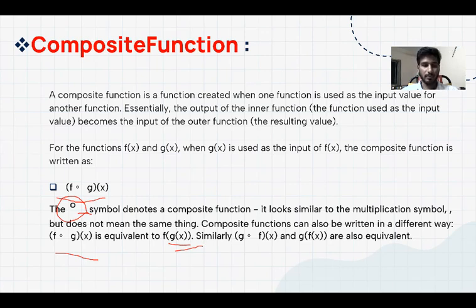When substituting x square plus 1 in place of x in f of x, the g of x output becomes the f of x input, and the f of x output depends on the g of x output. It is very clear that we have to concentrate on calculating the inner function output first. Similarly, g composition f of x can be represented as g of f of x. By seeing this, we conclude that a composite function consists of one or two functions.